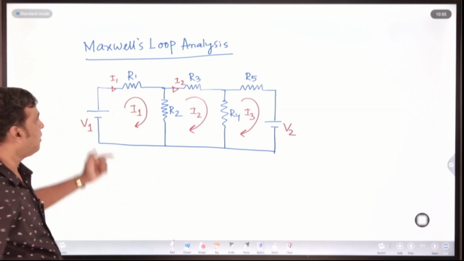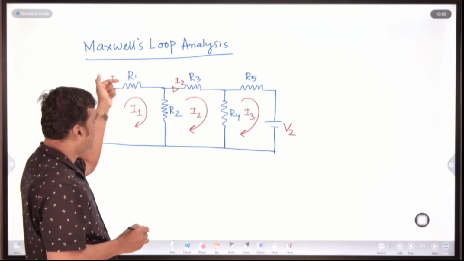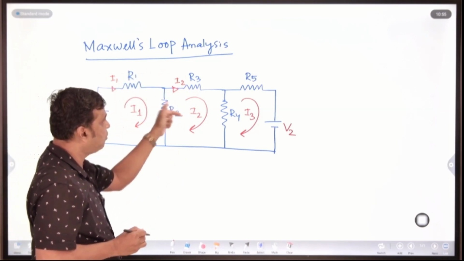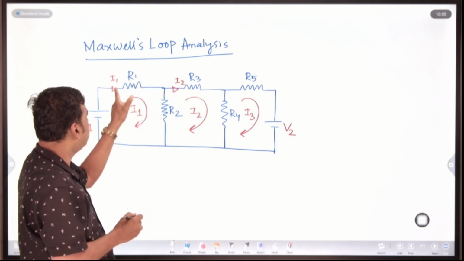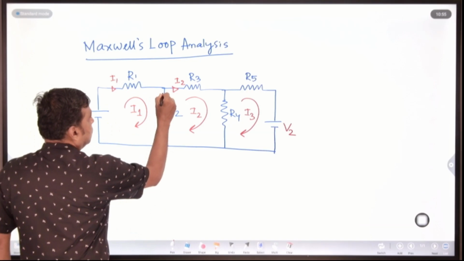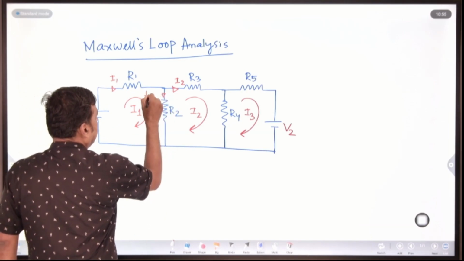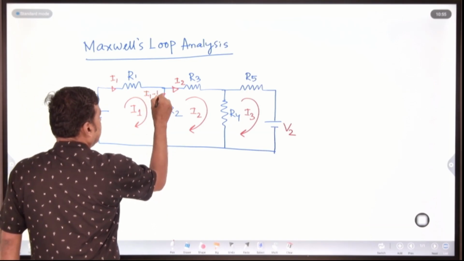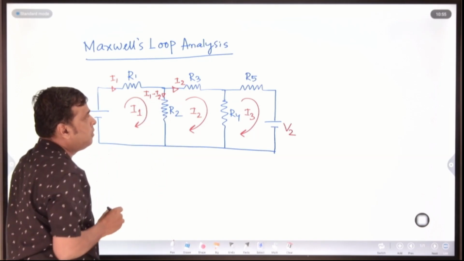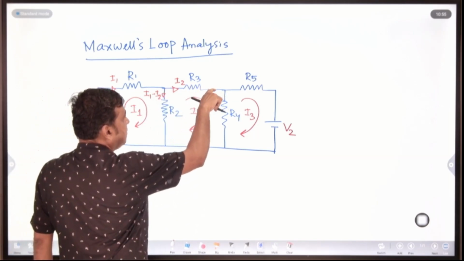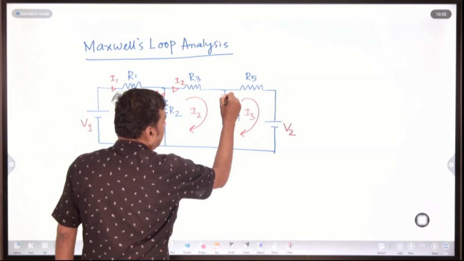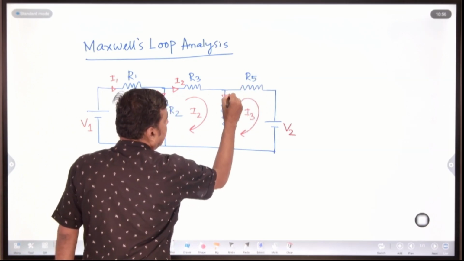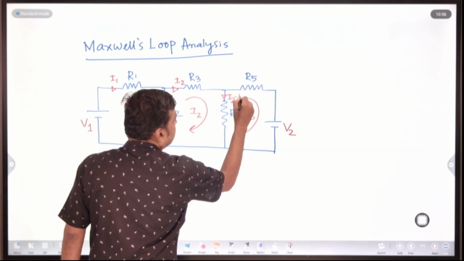Common branch means what? If the current I1 is flowing and here I2 is flowing in the second loop, then what will be the current through this branch? I1 minus I2. So the current flowing through this branch is I1 minus I2. Similarly, here the current is I3, and the current flowing through this branch is I2 minus I3.